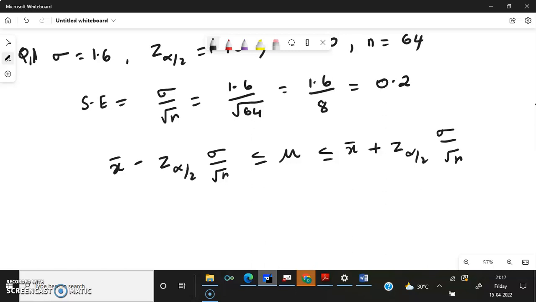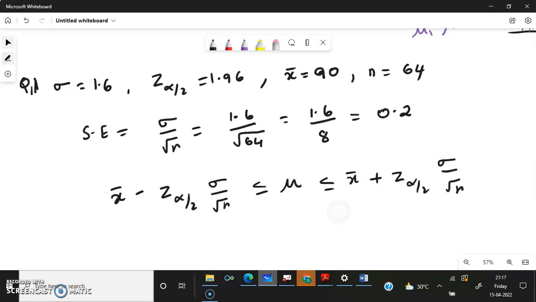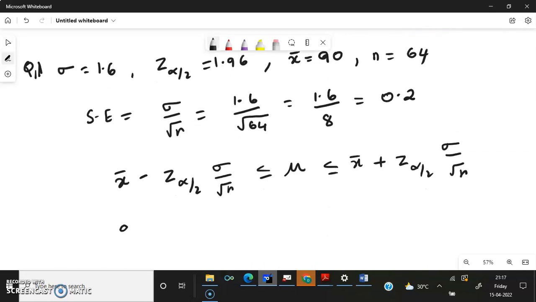Okay, x bar is what? X bar is 90. Substitute here: minus z alpha by 2 is 1.96 into sigma by root n. We have calculated now 0.2 standard error, so we can use that.